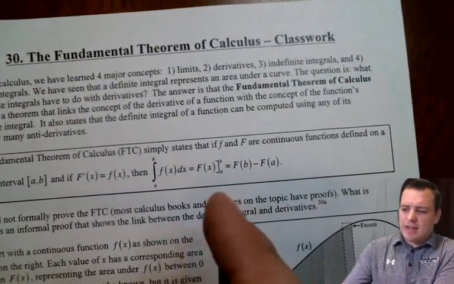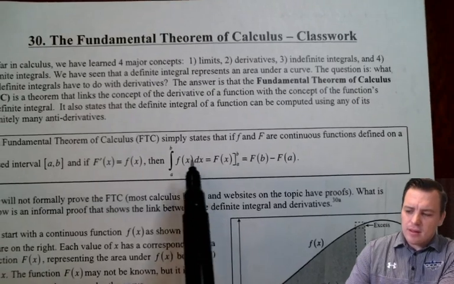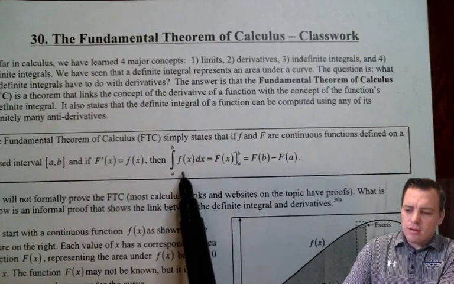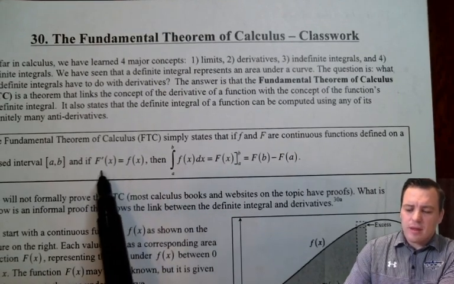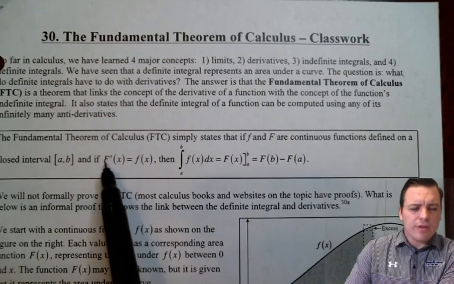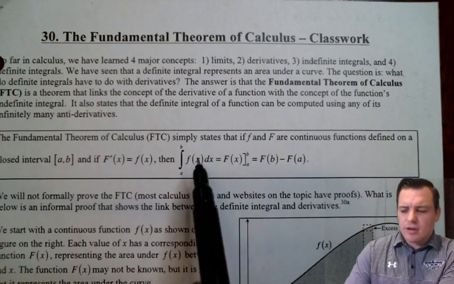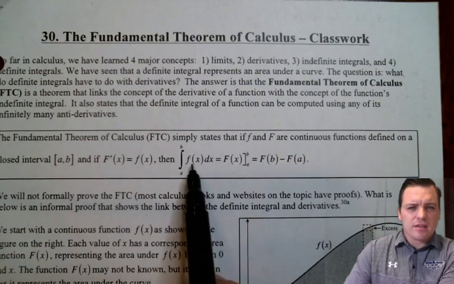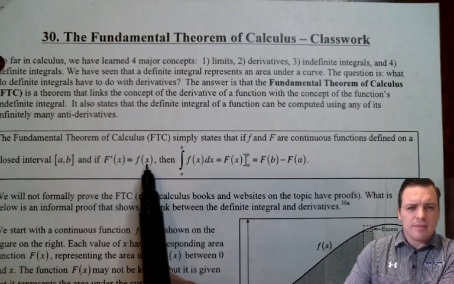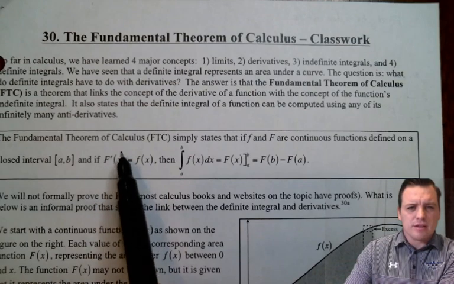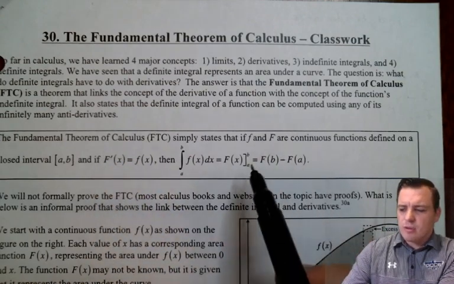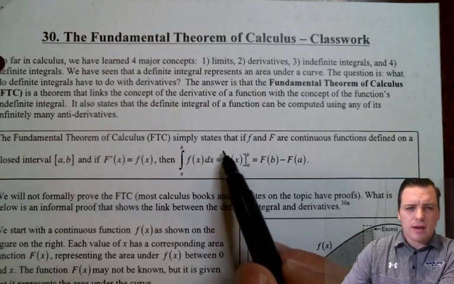Now, let me just take us back here, guys. Okay? So, this is where we're getting this from. The derivative of big F of x is equal to f of x. Okay? So, here's what we're saying here. This f of x is the same thing as the derivative of F of x. So, we're putting that here. Okay?